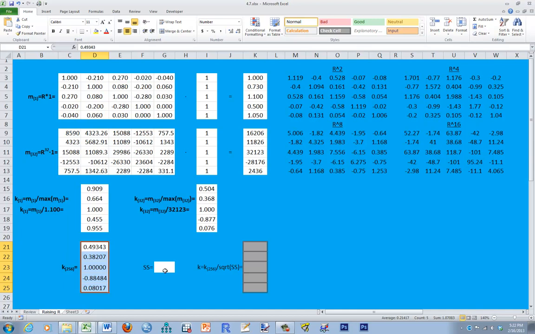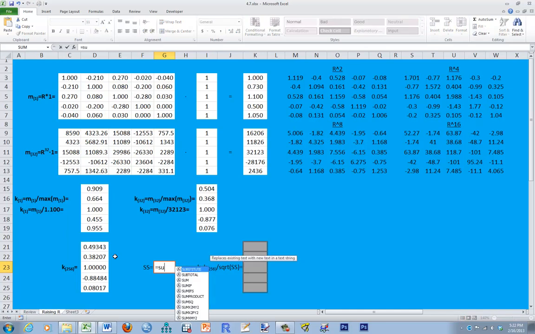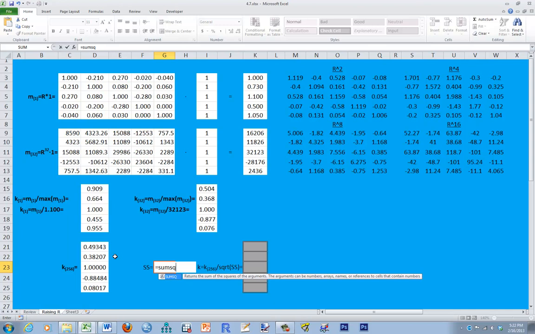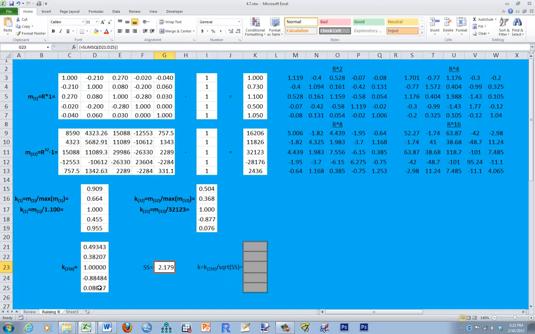So what we'll need is the sum of squares of this, and there's a simple way to do that in Excel. You just hit equals SUMSQ for sum of squares, and we're going to highlight this vector, and we get 2.179. Now we'll use this to normalize the vector to 1. So I denote that just by K here.